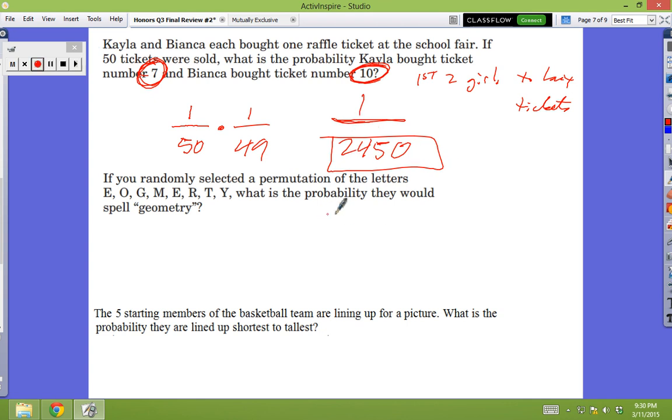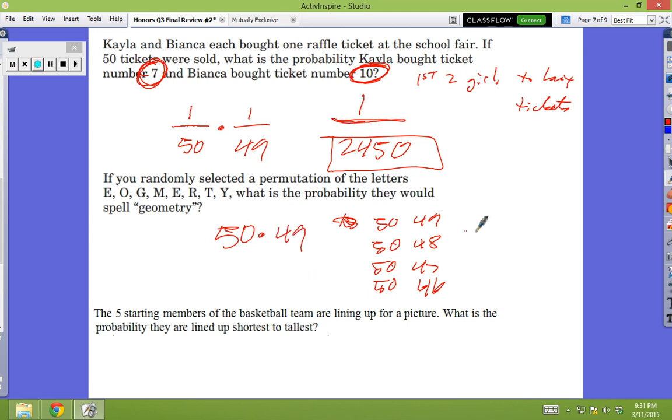In one of these options, the girl could have drawn a 50 and the other one could have drawn a 49. She could have drawn a 50 and a 48, 50 and 47, 50 and 46, and you keep going through all these options. So there's going to be 2,450 of them, because she's got 50 options to choose from and then she's got 49.